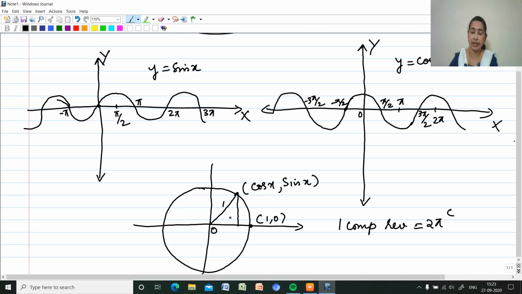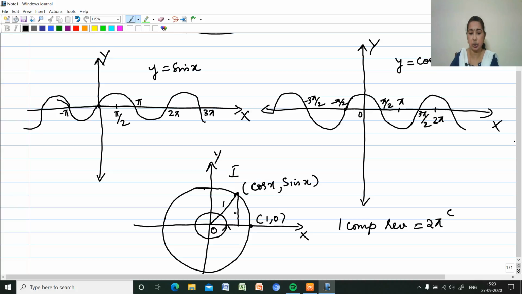What will be the signs in each quadrant? In the first quadrant, from here we'll start, in this way, 2 pi radian. This is the anti-clockwise direction and this is the initial side, the x-axis. This is the y-axis.